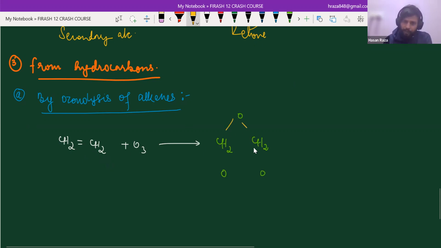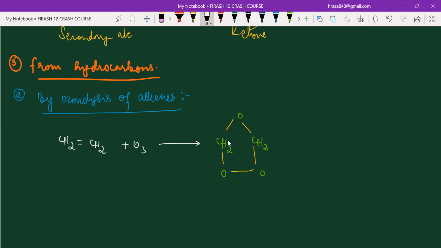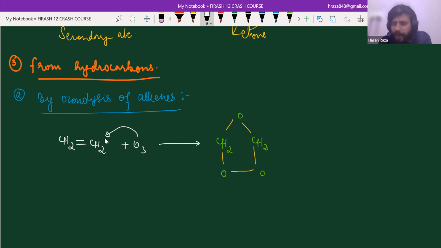If there is another bond other than the double bond, you can show it. Along the double bond, you need to form this home type structure when it reacts with O3. Is that clear?